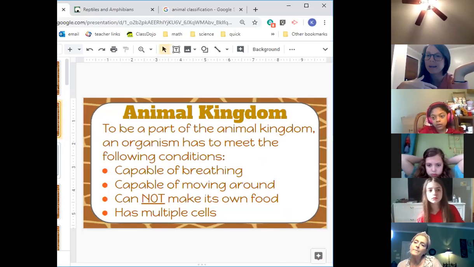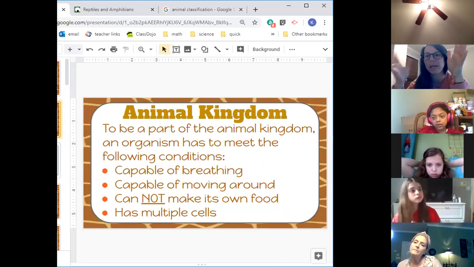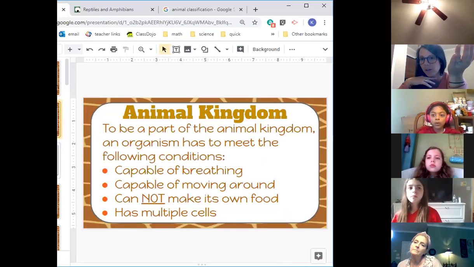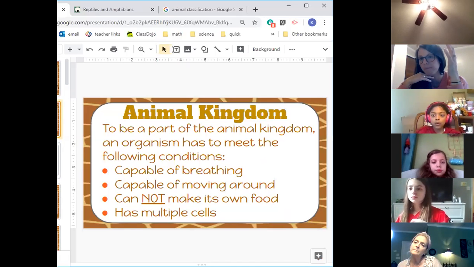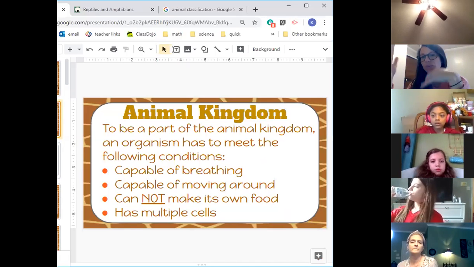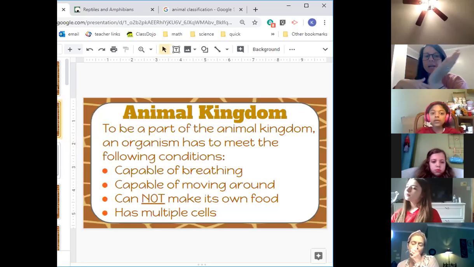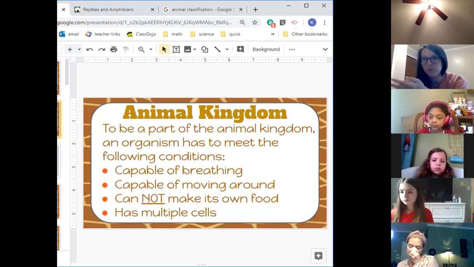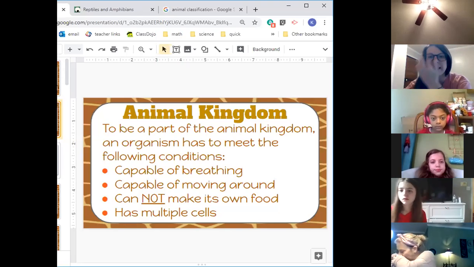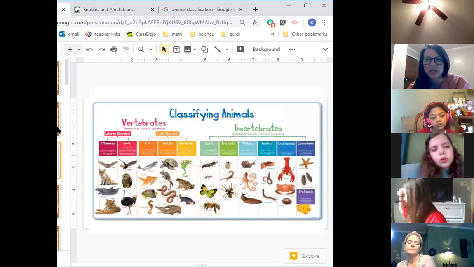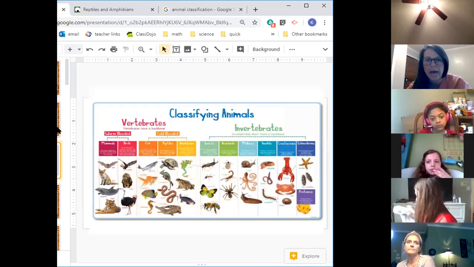If you think back to our animal and plant cell unit, you'll know that because plants do make their own food from photosynthesis, and a lot of them are single-celled organisms, whereas animals don't make their own food, they find their own food, and they are multicellular organisms.